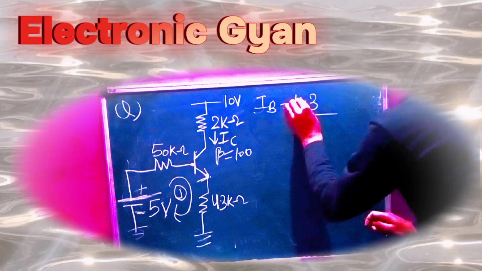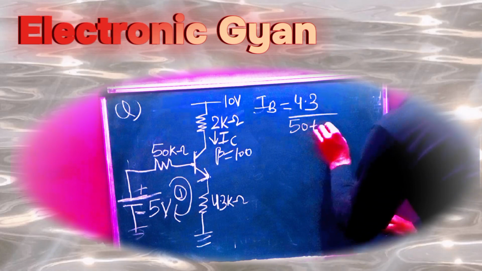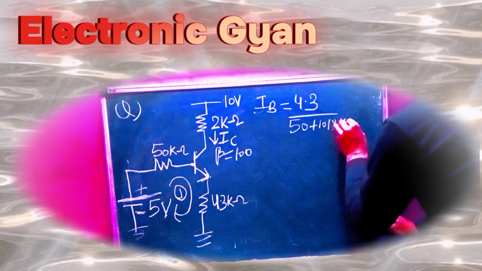So IB is equal to 4.3 divided by 50 plus 101 into 4.3.